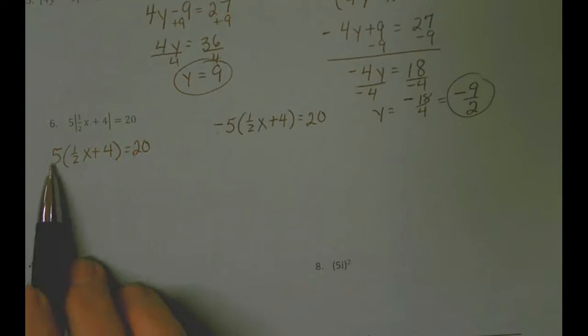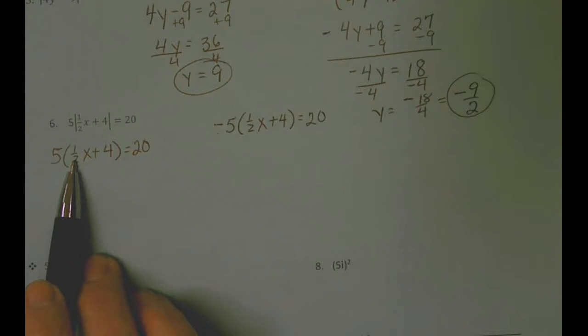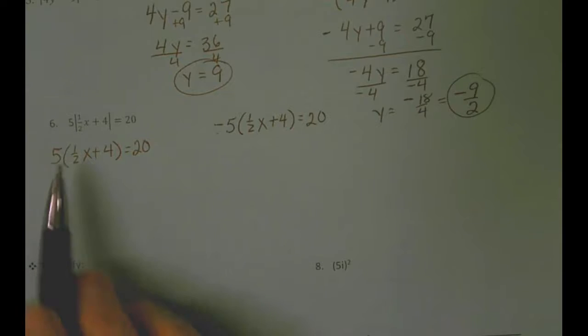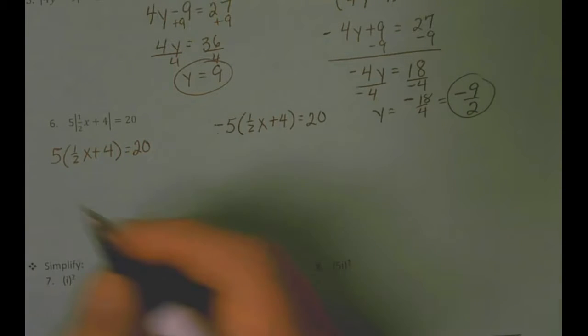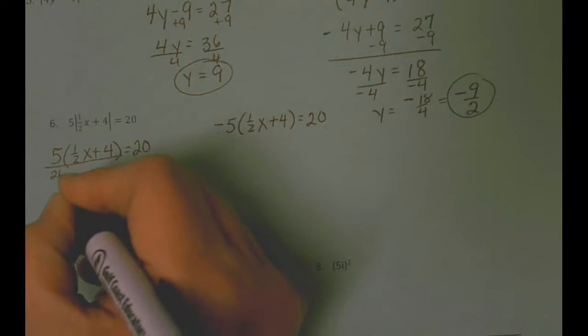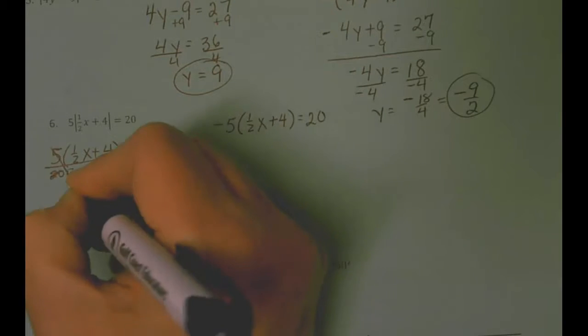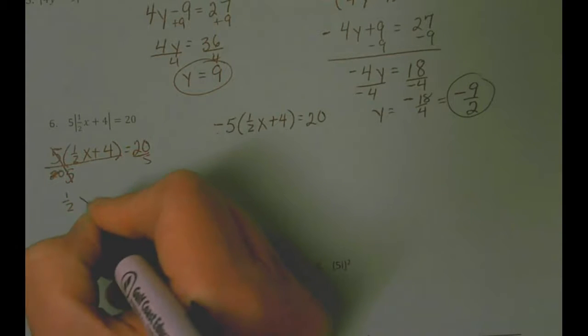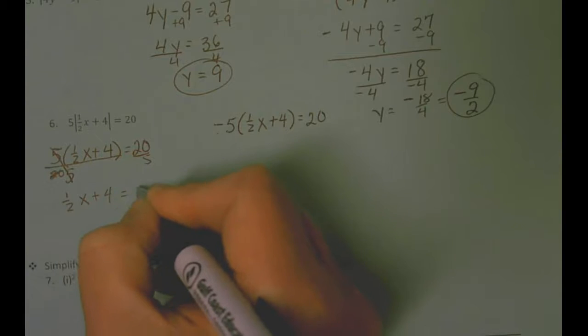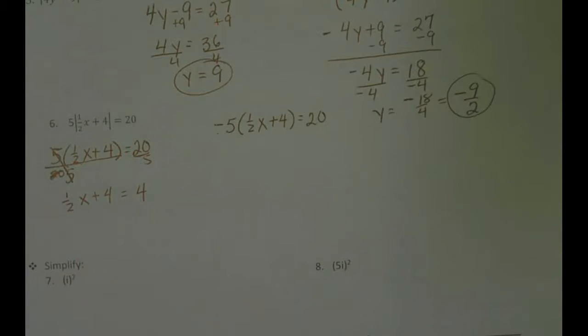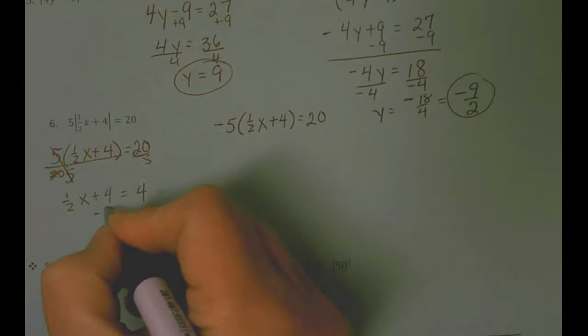Now I could solve this by distributing 5 times a half, but it may be easier to divide both sides of the equation by 5 to cancel out that 5, and then I don't have to worry about distributing and making that into a fraction.